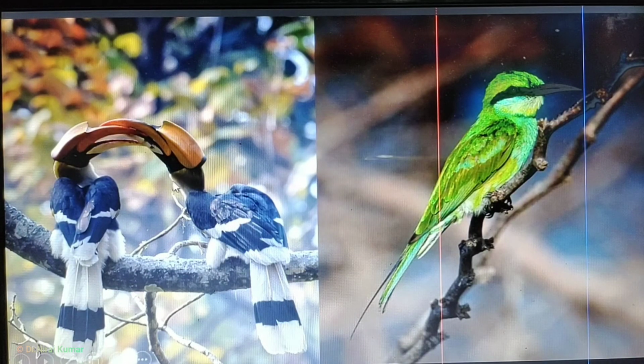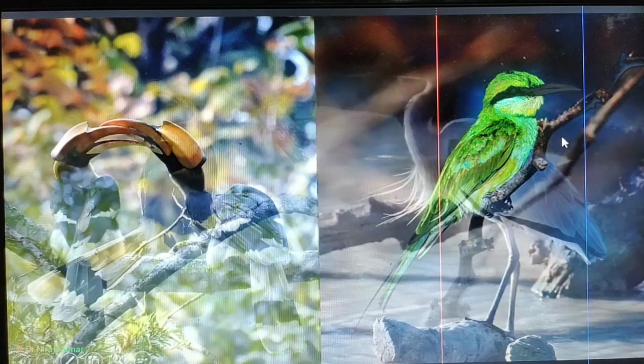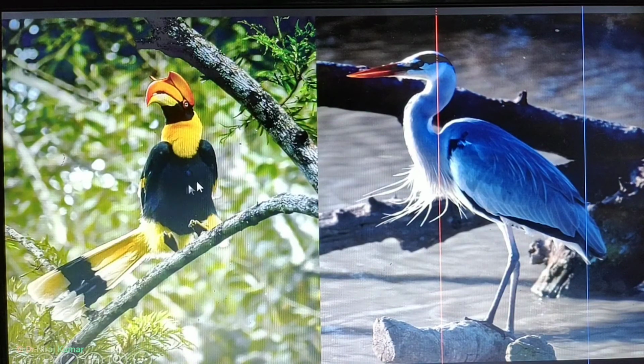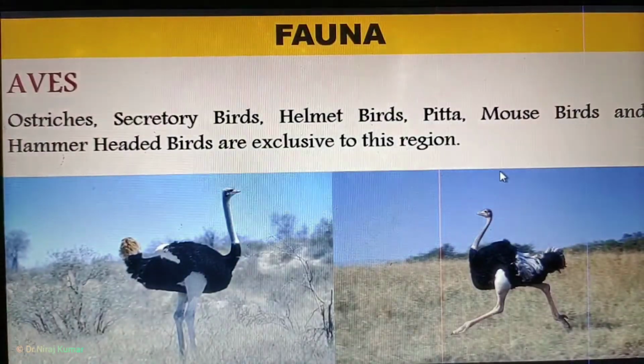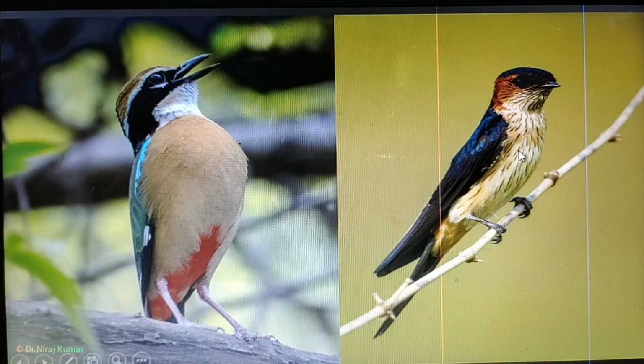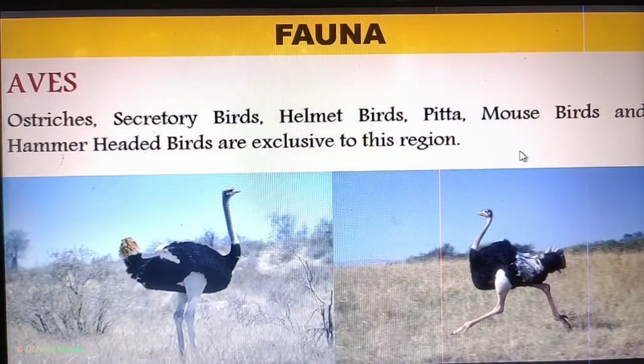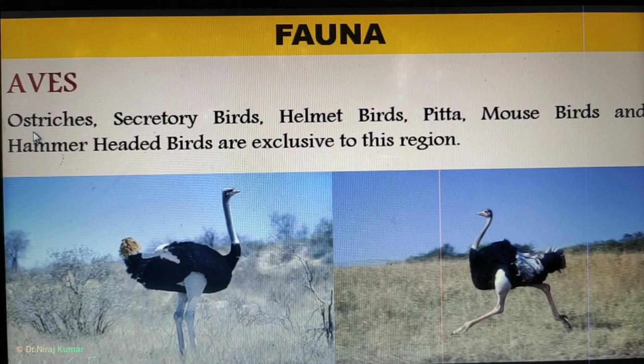This is hornbill. This is bee-eater. This is also hornbill. It is heron. This is pitta. This is swallow. These are exclusive birds of Ethiopian region. First is ostrich, secretary bird, helmet bird, pitta, mouse birds, and hammer-headed birds.